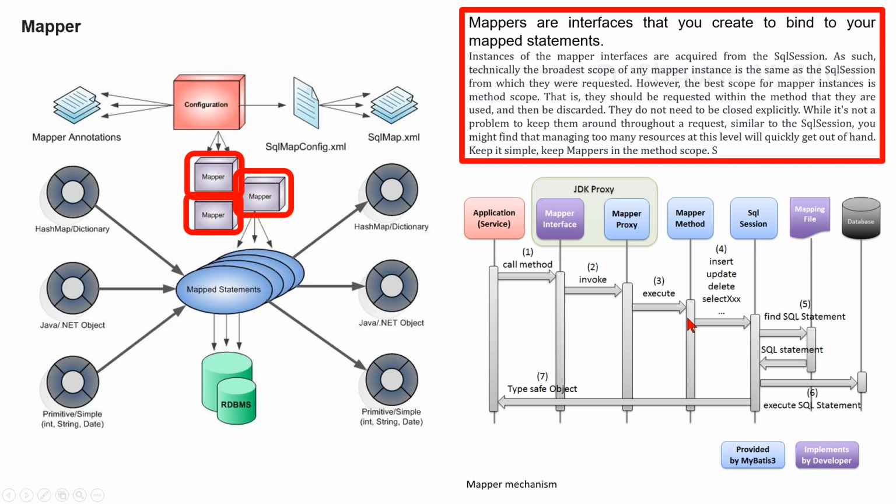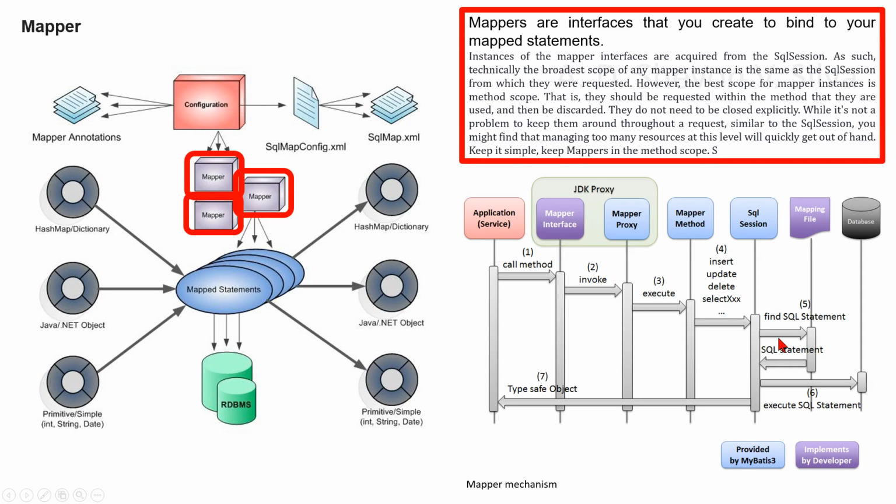The mapper method plays a role of calling the SQL session method corresponding to the called mapper interface method. 4. The mapper method calls SQL session methods. When the SQL session method is called, a key, hereafter referred to as statement ID, is passed in order to specify the SQL statement to be executed.